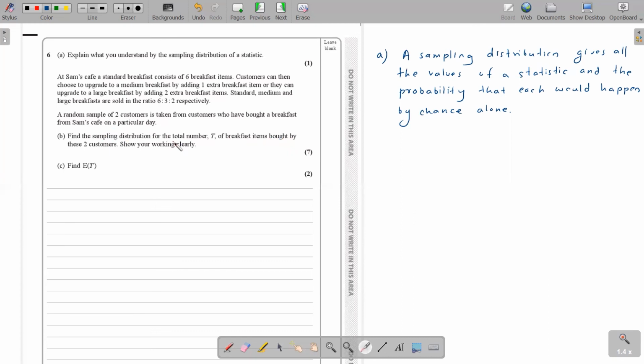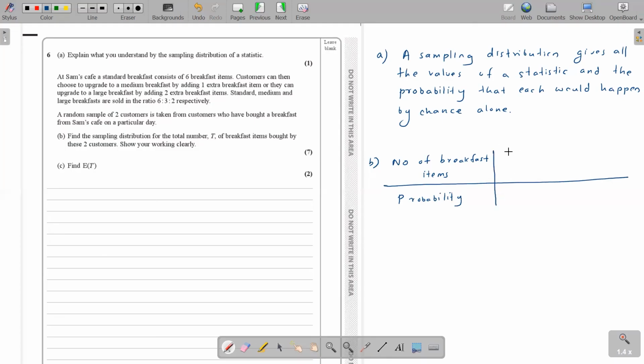Let's first make a small table with the number of breakfast items and its respective probability. What are the 3 types we have here?